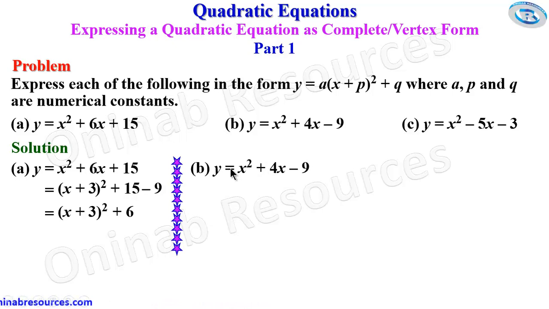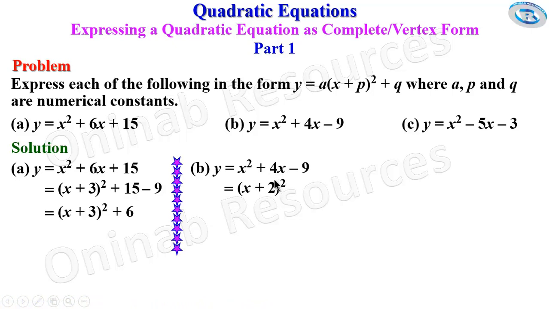For b, we have y equal to x squared plus 4x minus 9. Again, we open our bracket, x plus something, squared. Then we come to the coefficient of x, which is 4. Plus 4 divided by 2 will give us 2. We have plus 2 inside the bracket.